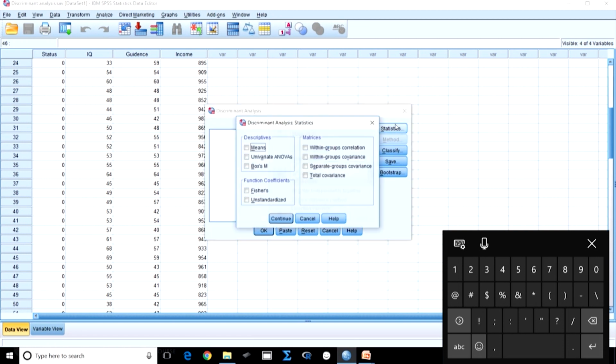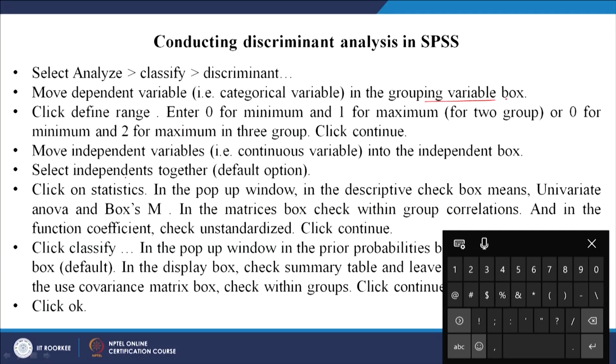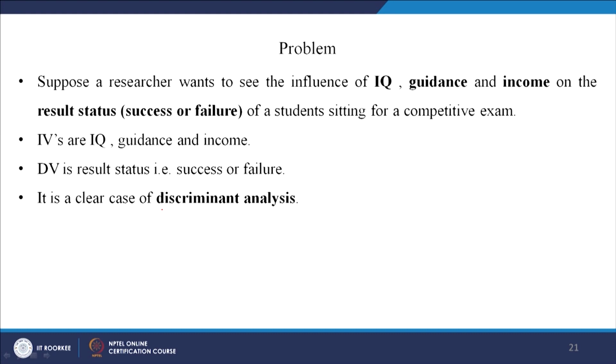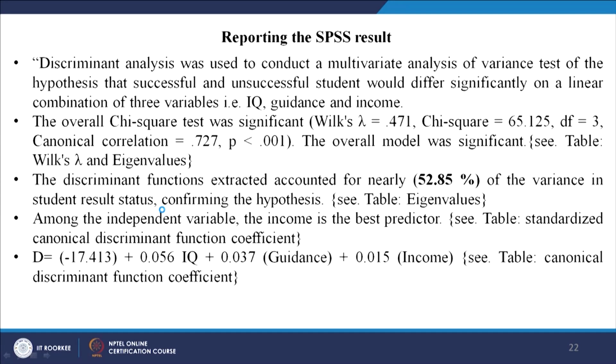Now, statistics. What do I need? I need the means. If you go to the PPT also, everything is mentioned here. Select the independent variables, click on statistics, go to the box M. So, let me show again, let me go back.